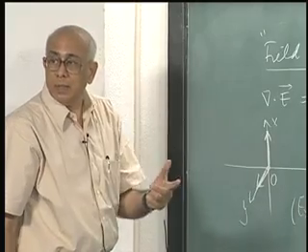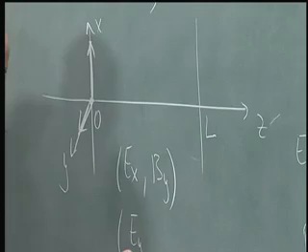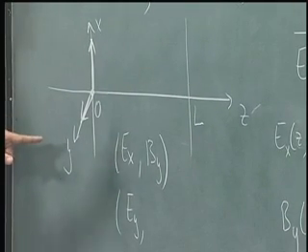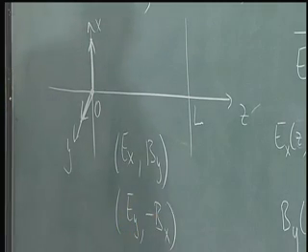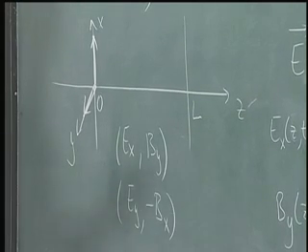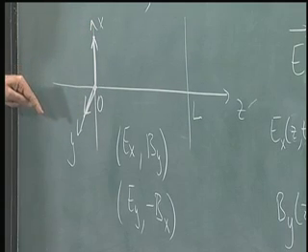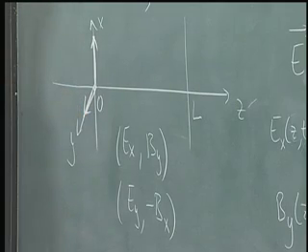There is another linearly independent state of polarization which would correspond to Ey. So the electric field points along this direction and the magnetic field along minus Bx, such that E cross B still gives you the direction k. So you have one with electric field here, magnetic field here, another in which the electric field is here and the magnetic field is down there, and these are independent states of polarization.